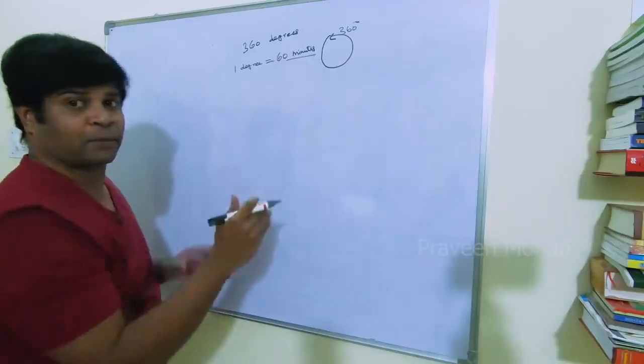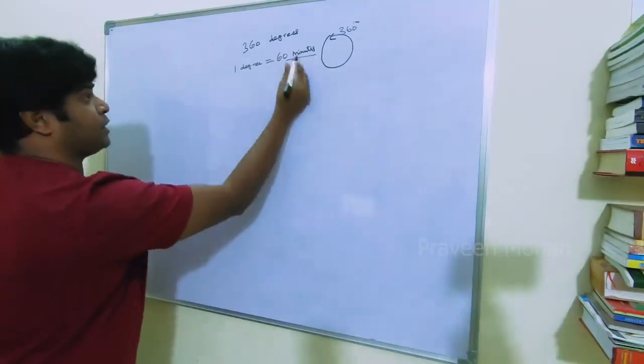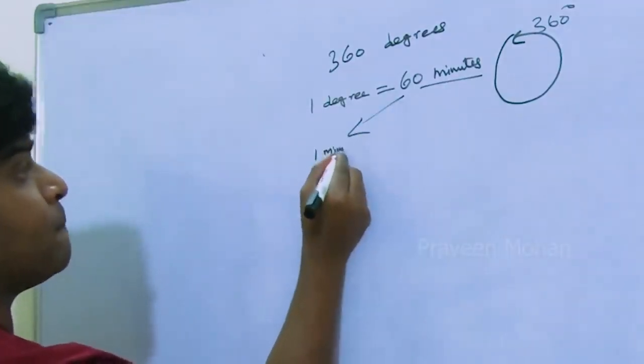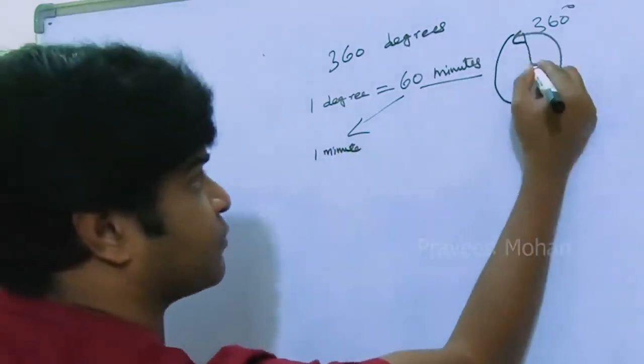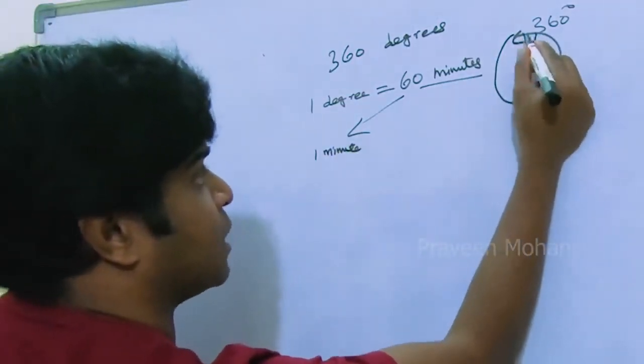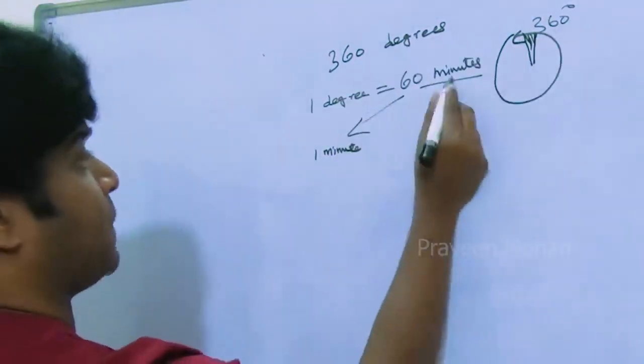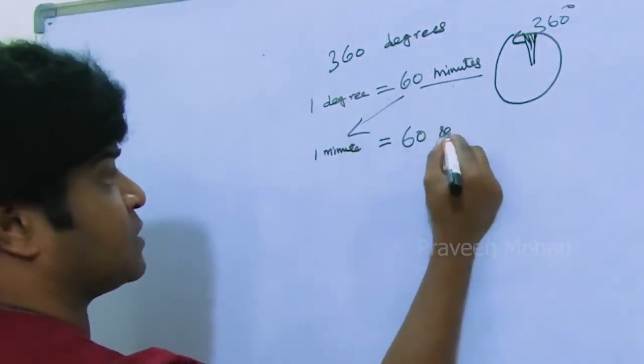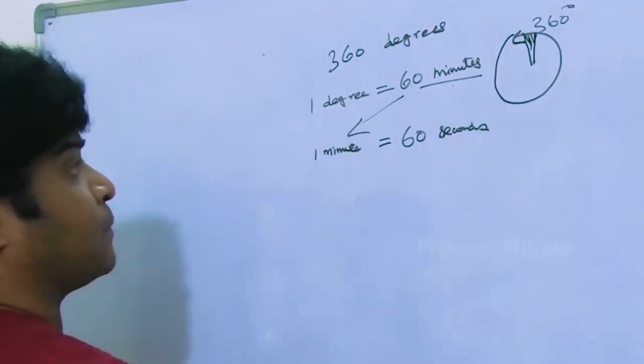We're talking about angles here. If you think of this as 1 degree, it can be split into 60 minutes, and then 1 minute is divided into 60 seconds, okay?